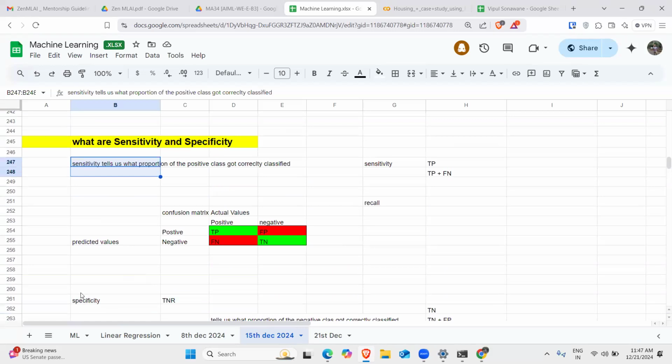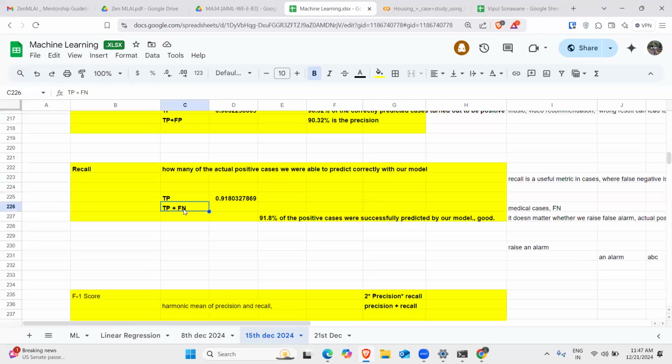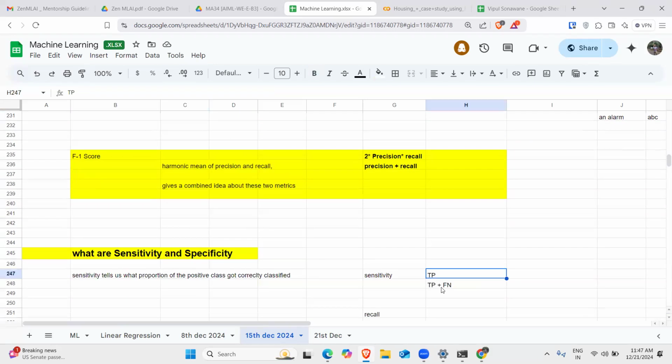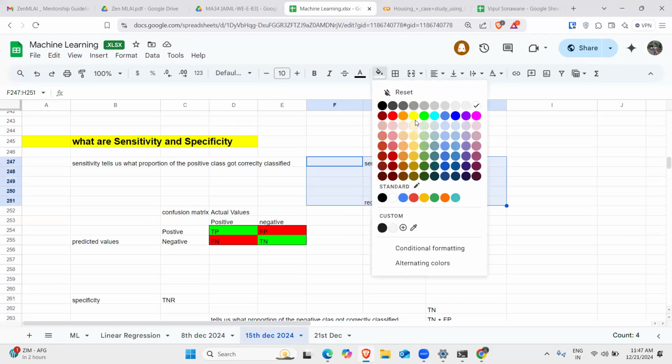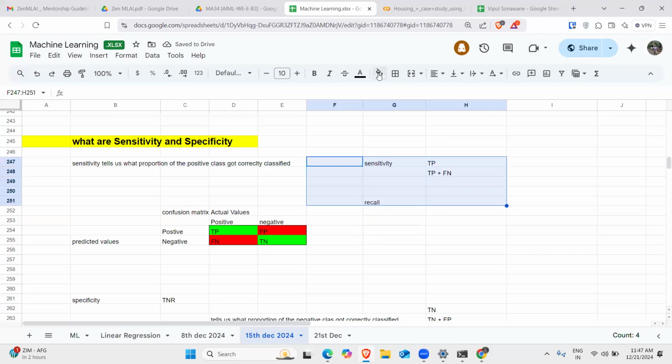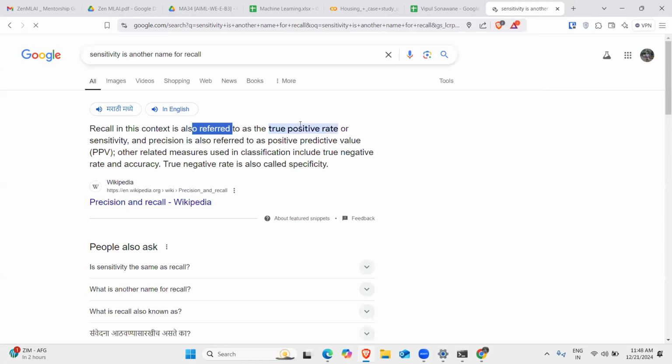Sensitivity is the another name for recall, because if you see the recall formula, that is true positive divided by TP plus FN. Yes. So sensitivity is another name for your recall. Correct. We have written down this. Can you see it over here? Can you see this? So recall in this context is also referred to as true positive rate or sensitivity.